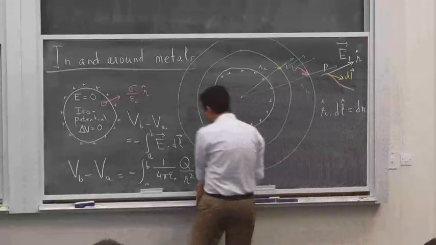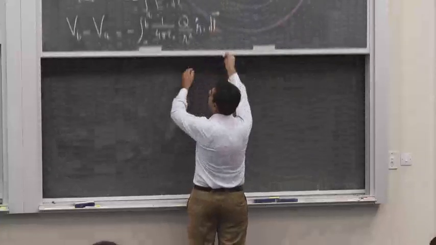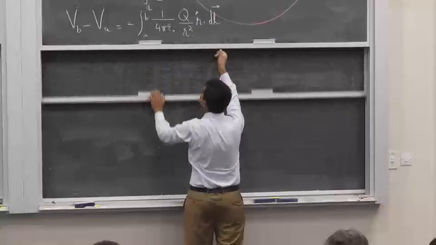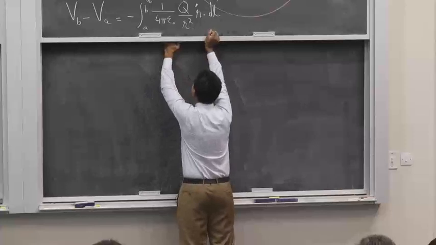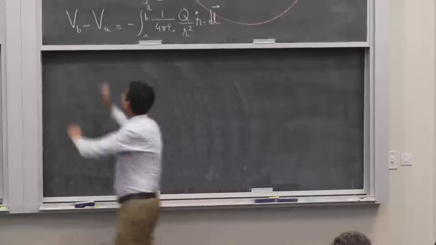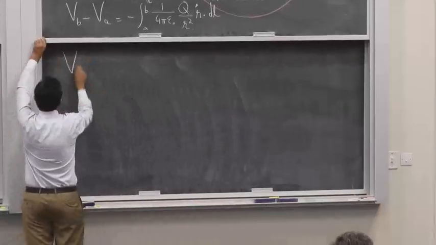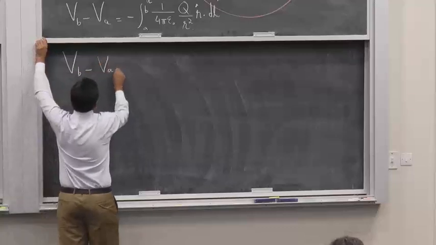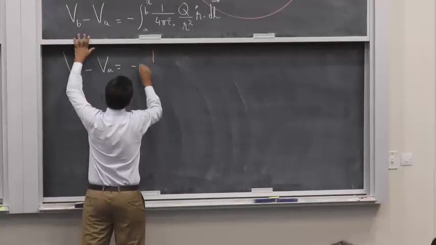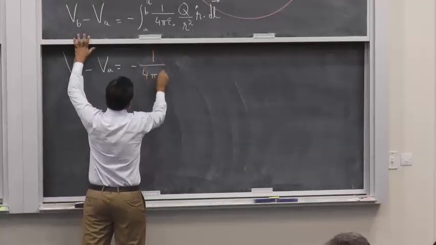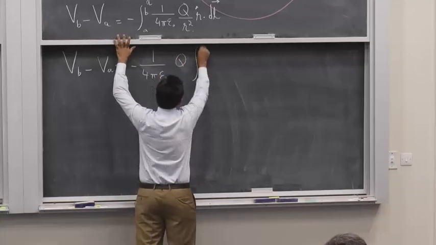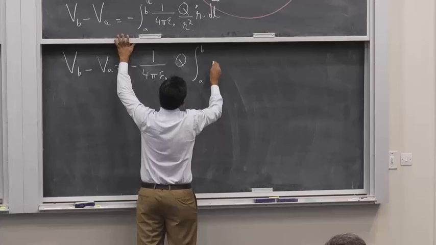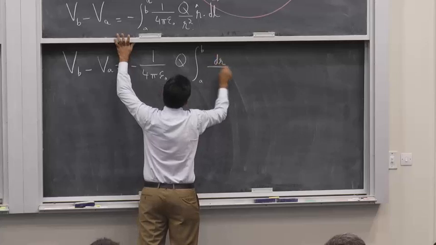So what I have here is VB minus VA equals minus 1 over 4 pi epsilon naught. Q is a constant. From A to B, R dotted with dl is dr, divided by R squared.